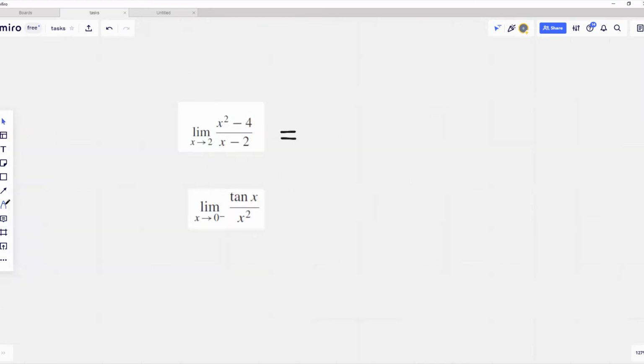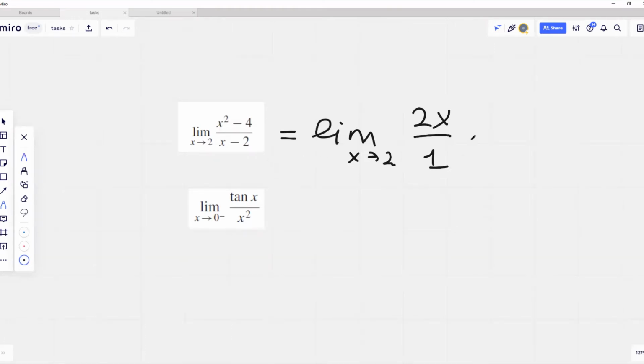Now we can simplify our solution by quickly taking derivatives of the numerator and denominator and looking at their ratio instead. So here, the derivative in the numerator is 2x. The derivative in the denominator is 1. So when x is approaching 2, this limit is equal to 4.